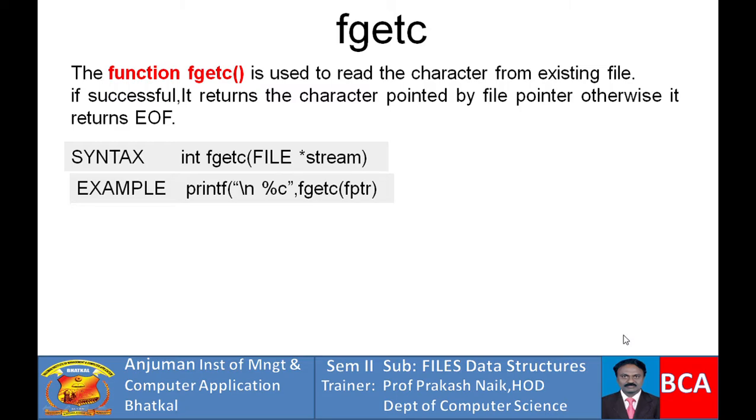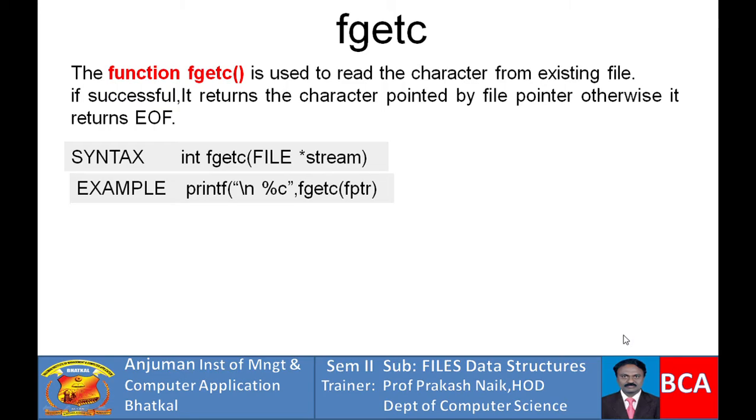On your screen, see the syntax and example: int fgetc(FILE *stream). Here FILE *stream is nothing but a file pointer. See the example: printf("\n%c", fgetc(fptr)). Whenever we open a file, the first character will always be pointed to, and it will be retrieved by fgetc from fptr.